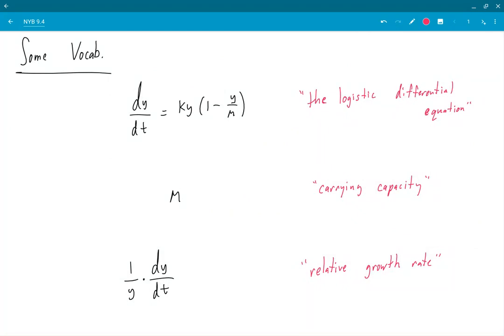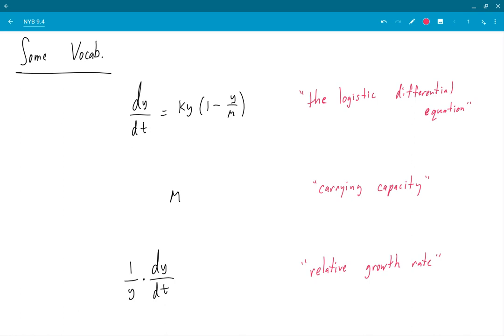Pause and copy. So this differential equation, remember, it's just the exponential growth, but then you have this extra factor here. This is called the logistic differential equation. M is called the carrying capacity.